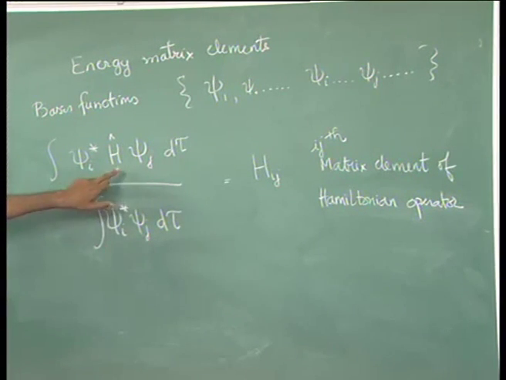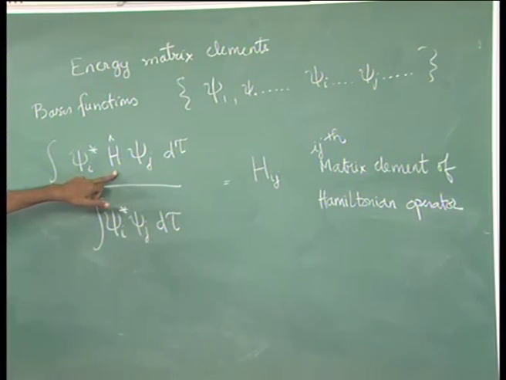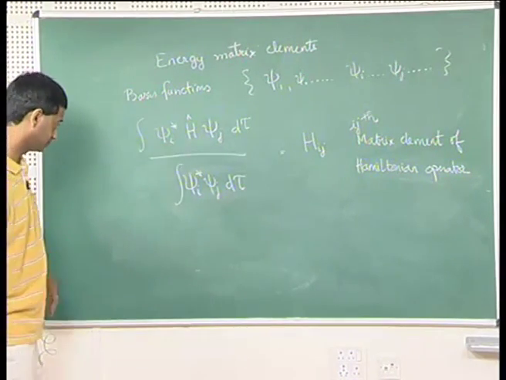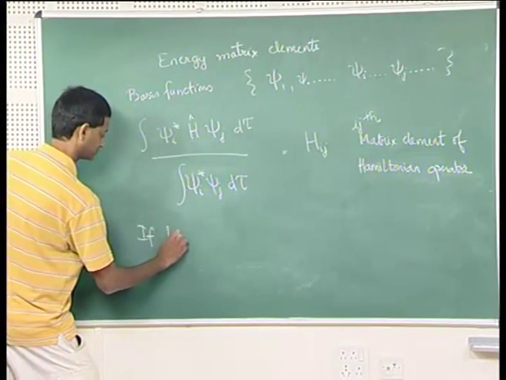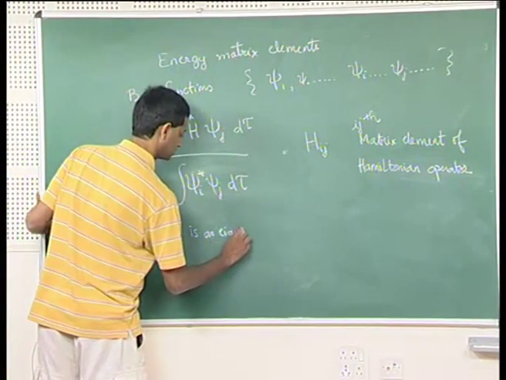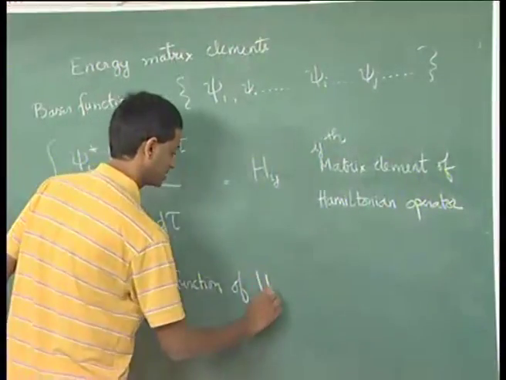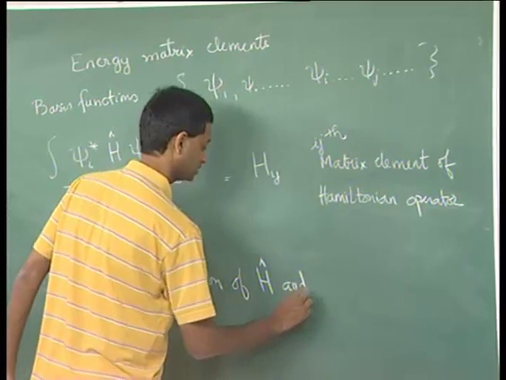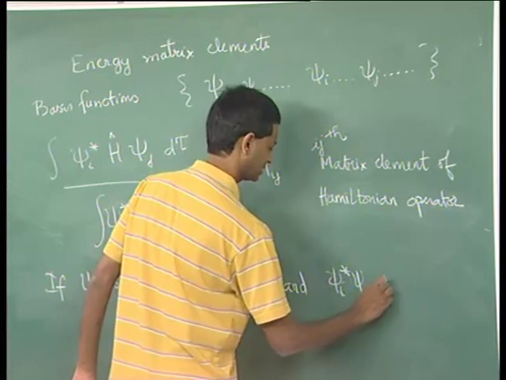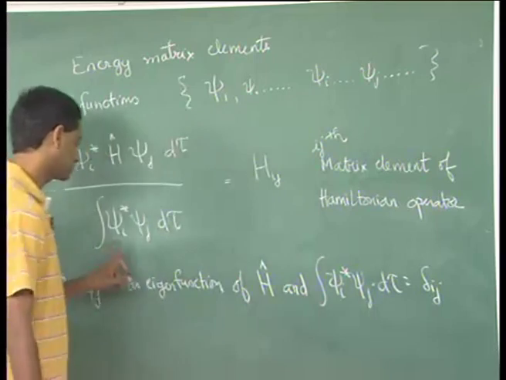Now, if your psi j is an eigenfunction of the Hamiltonian, then you can easily show that, if psi j is an eigenfunction of H and the integral of psi i star psi j d tau is equal to delta ij, that means it is orthonormal.